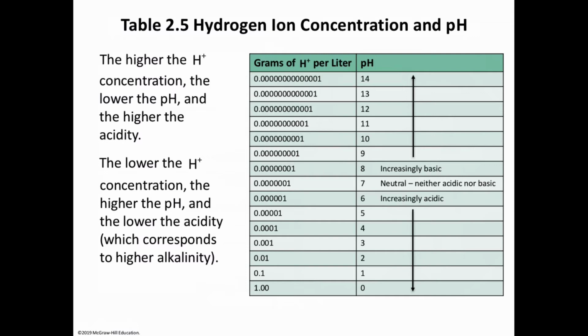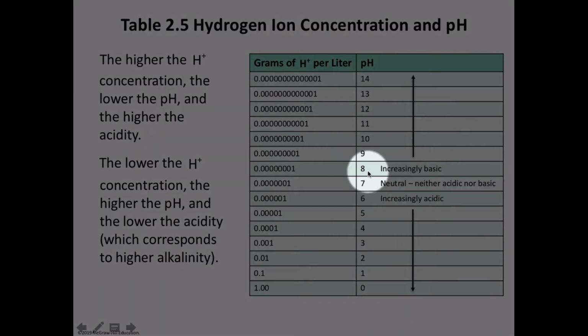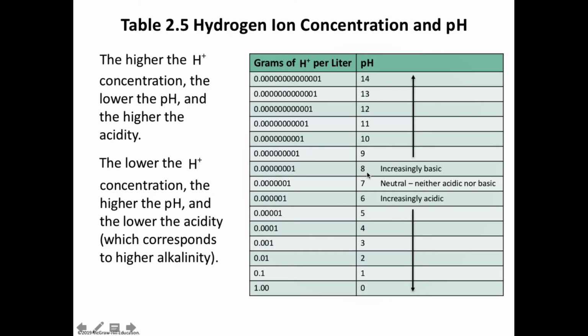The way in which they compare, class, is that the pH of 6.4 has 100 times the hydrogen ion concentration of that solution at pH 8.4. The reason for that is because of the power of 10, class, meaning it's 2 powers of 10 that make that difference. So please keep that in mind if, on the test, I ask you a question dealing with how 2 solutions compare based on hydrogen ion concentrations.